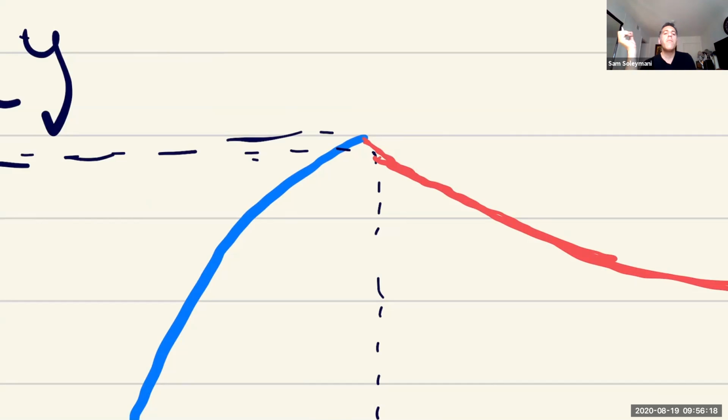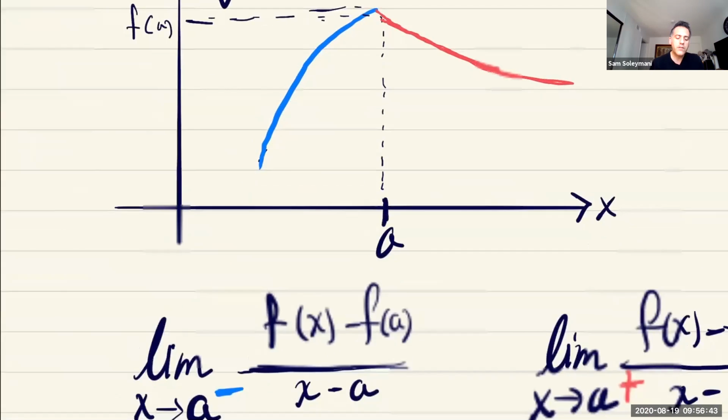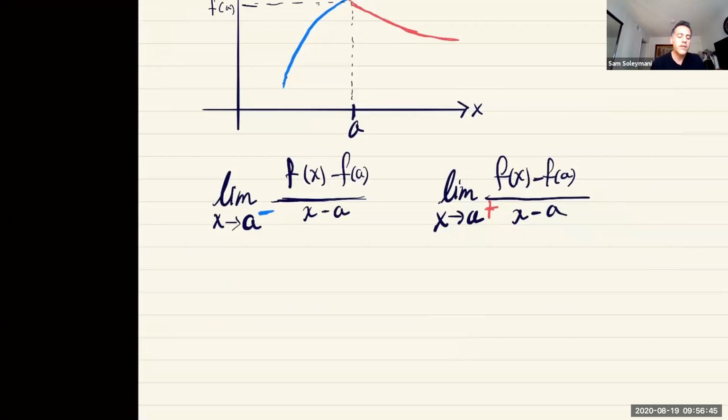Remember, we can't have two distinct answers for a question. It logically makes no sense. The definition of a function is that for every question, there is only one answer. But these two values are going to be very different, not the same.